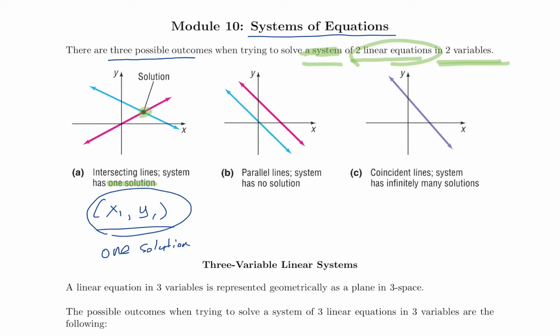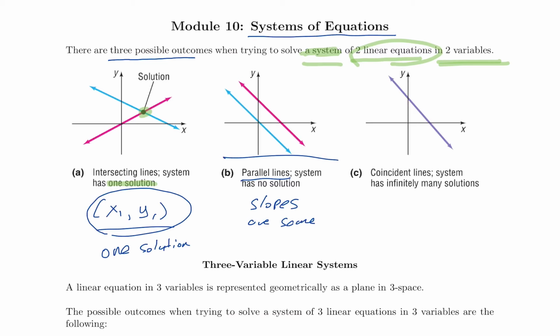And no solution, or sometimes we'll say inconsistent, when we have parallel lines. That means the slopes are the same. When each linear equation in the system has the same slope, as you can see here, these two lines will never intersect.